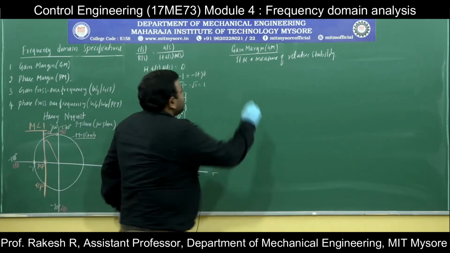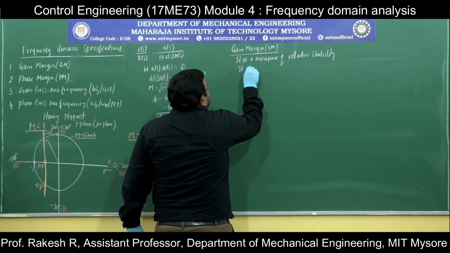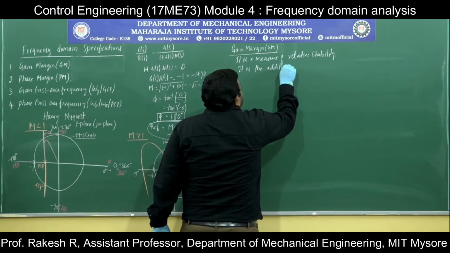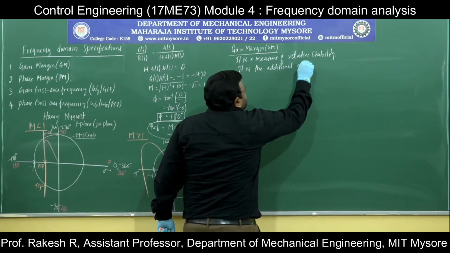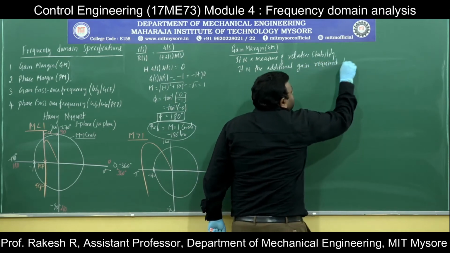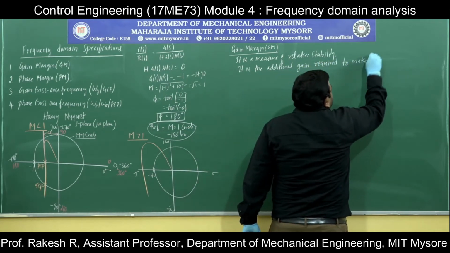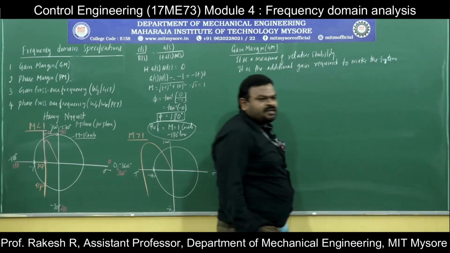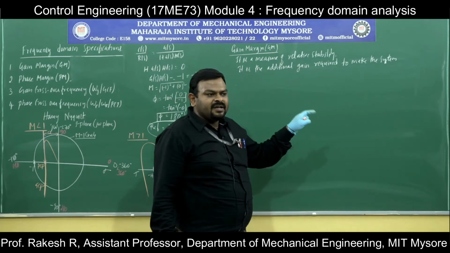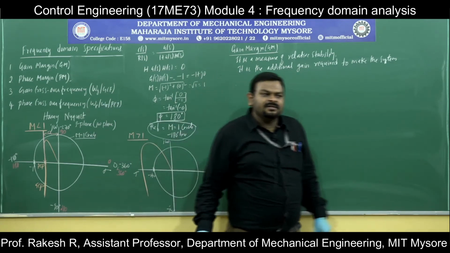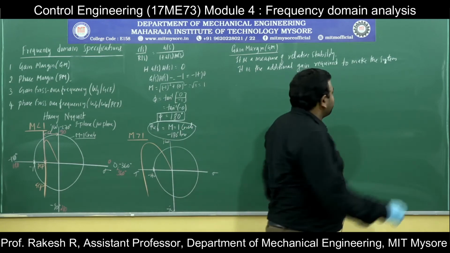So it is the additional gain required to make the system, what actually is it making? It is making M is equal to 1. M is equal to 1 means the system is neither stable nor unstable.